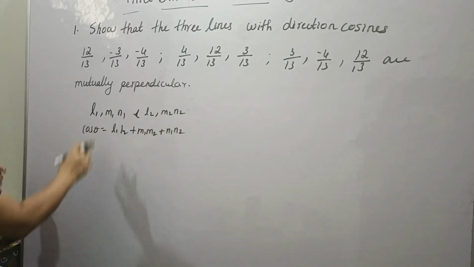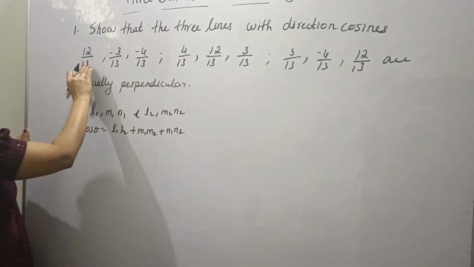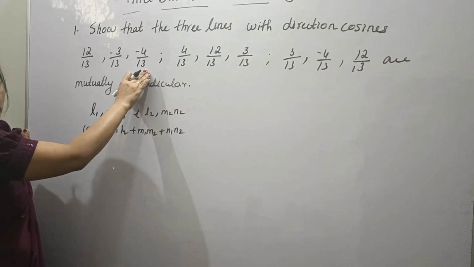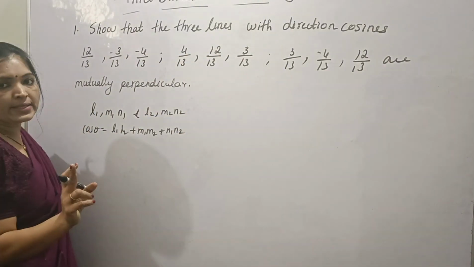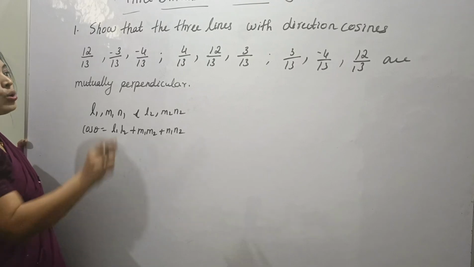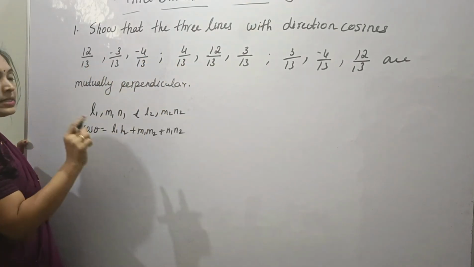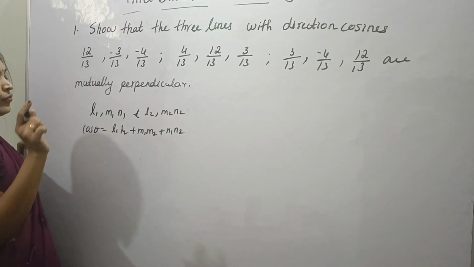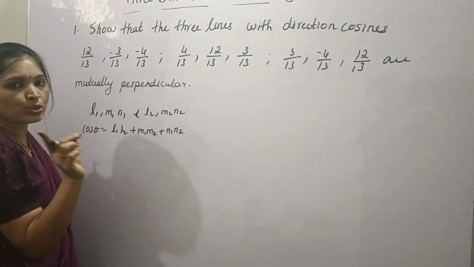First let's consider these two lines. Here l1, m1, n1 and l2, m2, n2 are the direction cosines. We have to show these two lines are perpendicular, that is theta is equal to 90 degrees. Therefore we have to show l1 l2 plus m1 m2 plus n1 n2 is equal to 0.